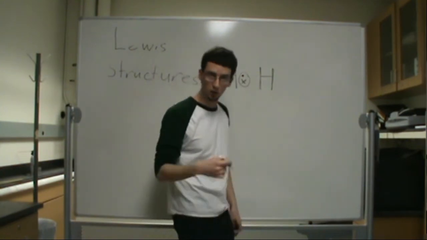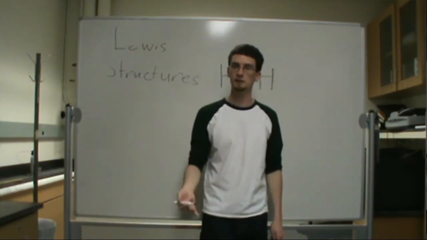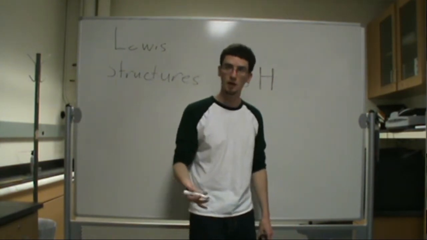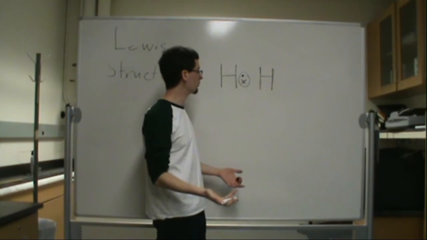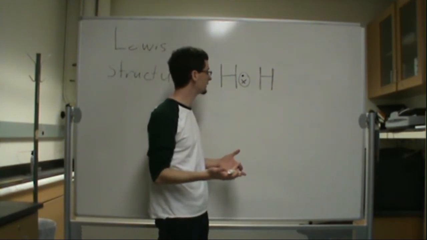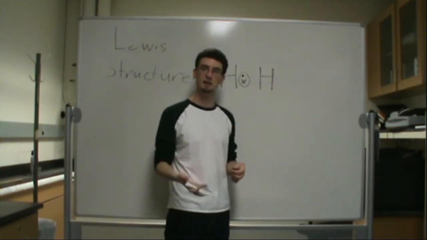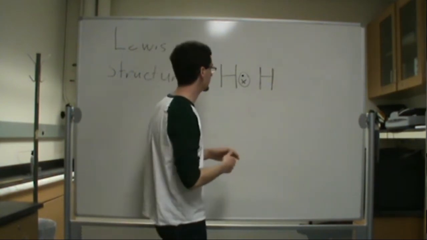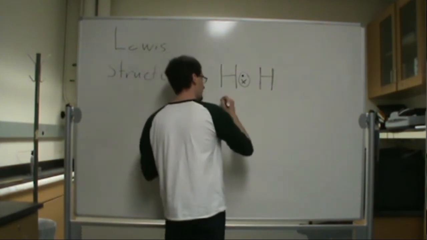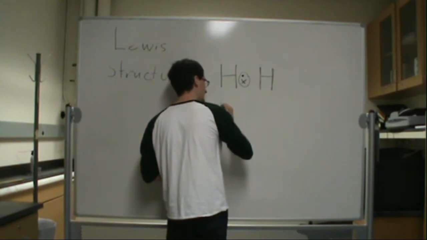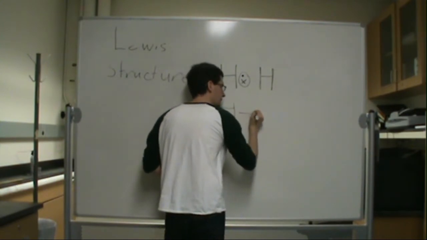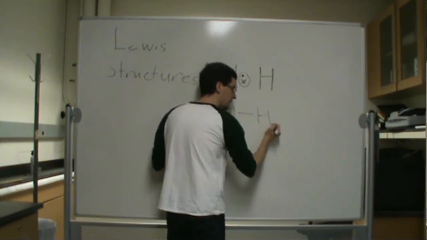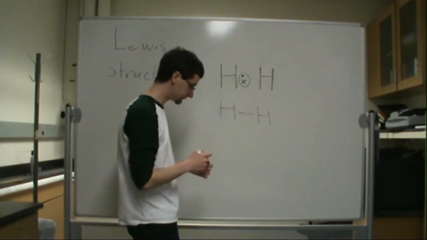Hydrogen only has the one s orbital available to it, so there can only be one set of electrons in its orbitals. So we draw a bond between them, and that's just represented by a line. Every time you see a line, that's counted as 2 electrons.